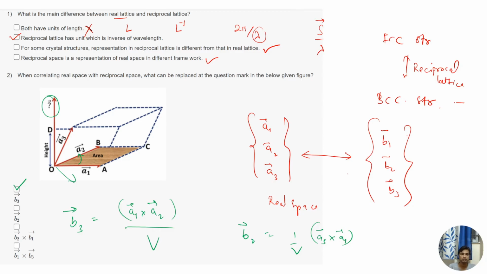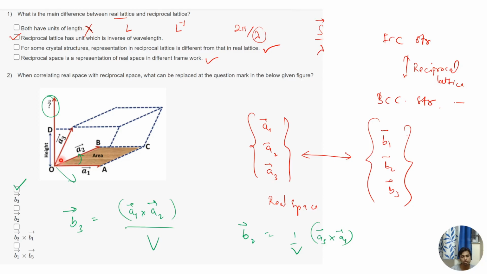Sure. When correlating the real space with the reciprocal space, what can be replaced with the question mark? So you understood the question, right? The question mark is shown in this green dot. You have to find what this vector is. You see this vector is perpendicular to a2, so it's a right angle triangle.